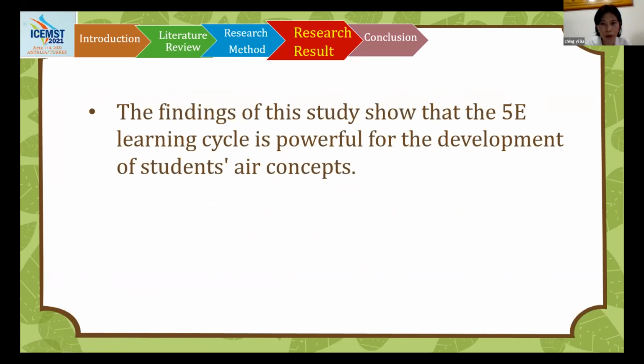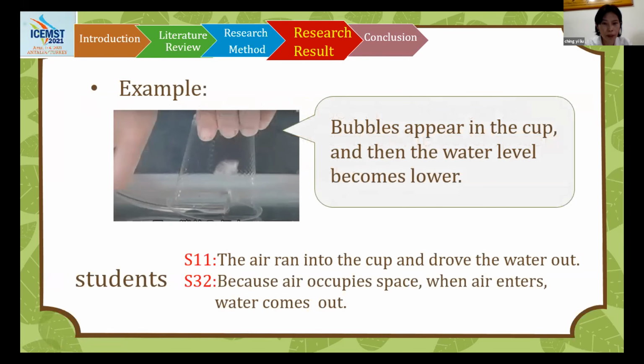This study shows that the 5E learning cycle is powerful for the development of students' air concept. For example, bubbles appear in the cup and then the water level becomes lower. The teacher shows this, lets students operate, and asks students why.